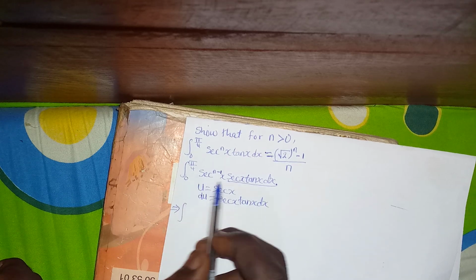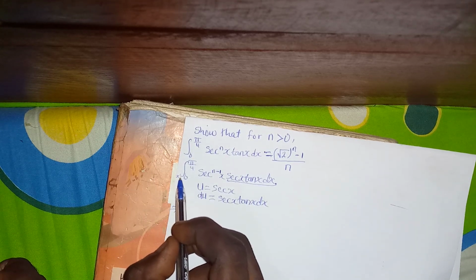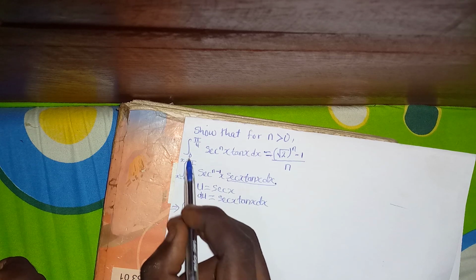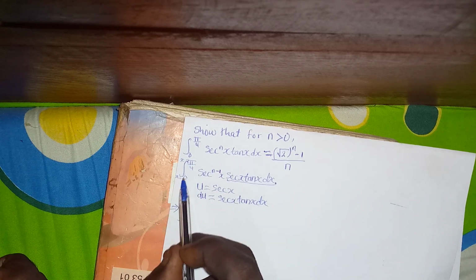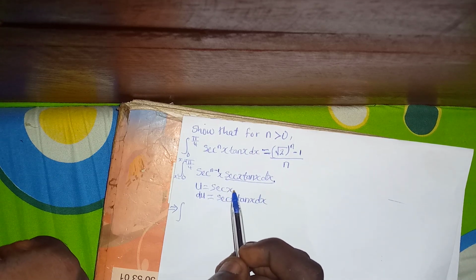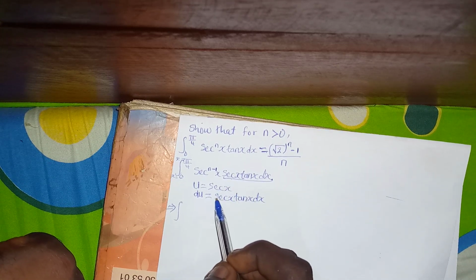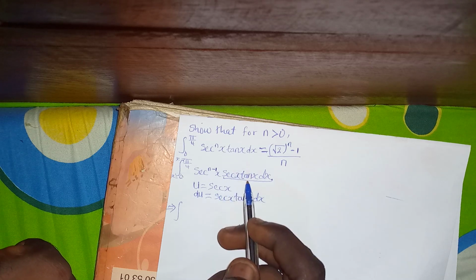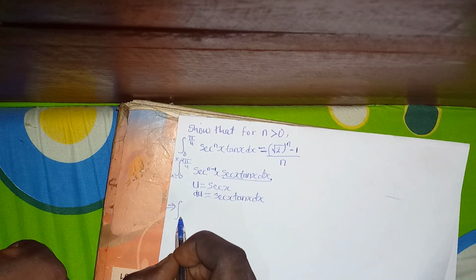Let's change the limits of integration. These are the x values, x equal to pi over 4, x equal to 0. So when x is 0, you put in 0 here. What's sec 0? Sec is the same as 1 over cos. What is cos 0? It is 1. 1 over 1 gives us 1. So this is going to 1.